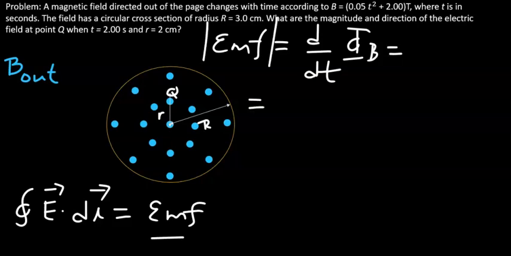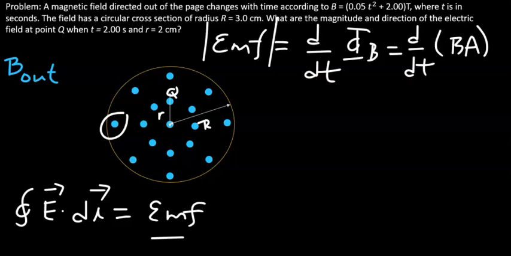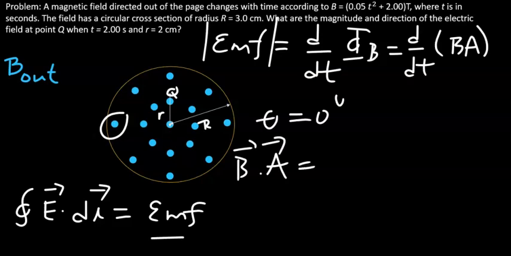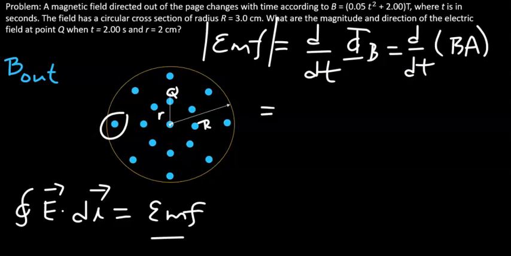So d/dt of magnetic flux equals d/dt of B times A. Note that the direction of the magnetic field and the area vector, which is also coming out of the page, is the same. So the angle between them is 0 degrees. So B dot A is simply BA. The area is constant, so you can take that A out.